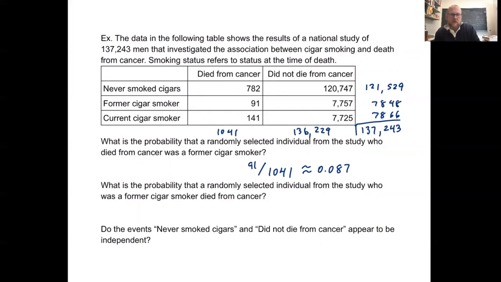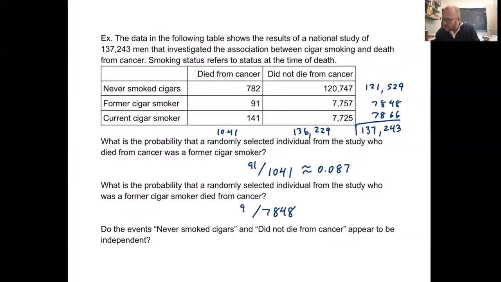Then what is the probability that a randomly selected individual from the study who was a former cigar smoker died from cancer? See how that switched things around? So this time you know they're a former cigar smoker. And so there's 7,848 of those. And how many of those died from cancer?